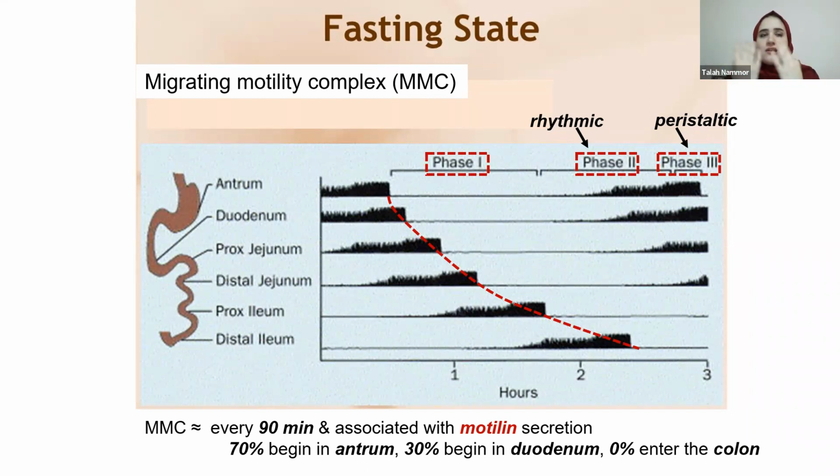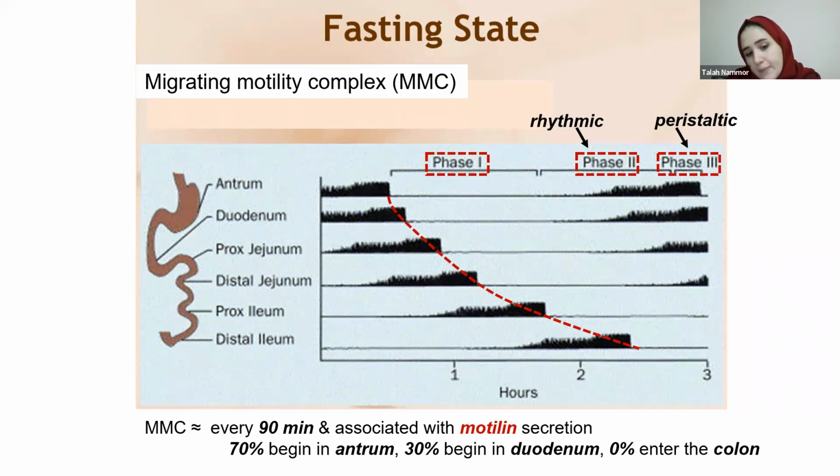It's just contracting like this, not for any reason. Then this contraction will suddenly become very intense: very intense peristaltic waves. This is phase 3, and it only lasts for 5 to 10 minutes.